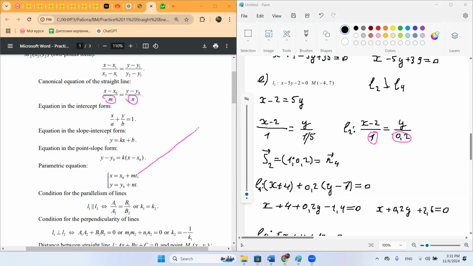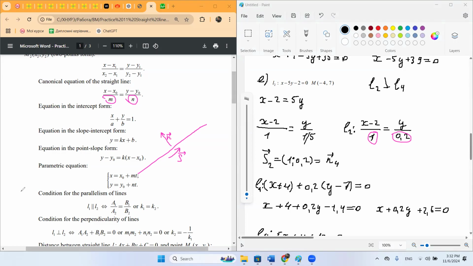So if this is the line, this is the direction vector, and this is the normal vector. The normal vector is always perpendicular, and the direction vector either belongs to this line or is parallel to it. So have I answered your question? Yes. Okay. Yeah, and we were finding a perpendicular line, so that's what we needed.